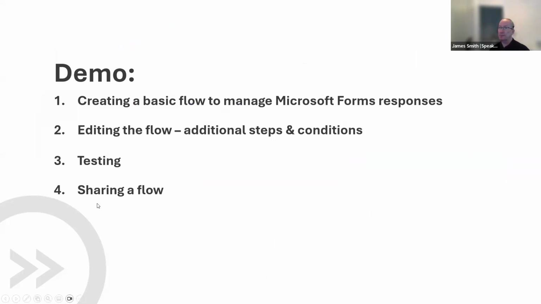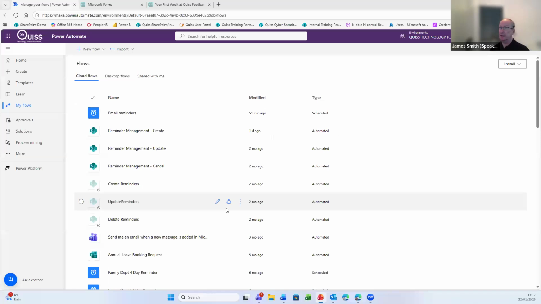An important point to note when you create your flow is, if I just come out of my presentation, so I'm in Power Automate. The important thing to note is when you go into Power Automate, it uses your account. So the flow that you create will run in your account.